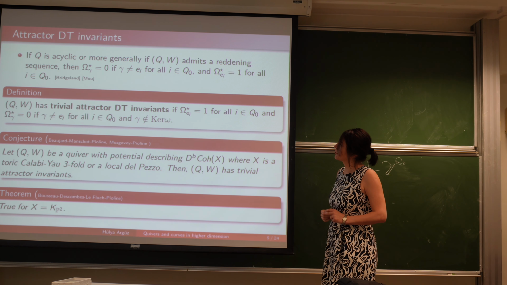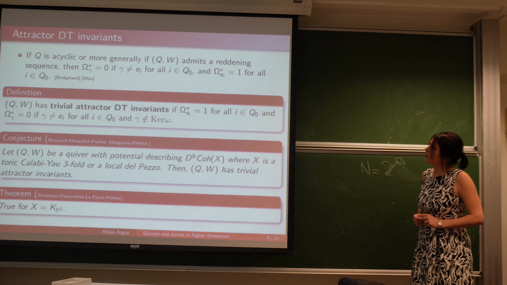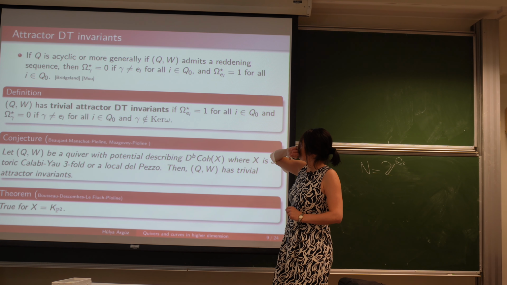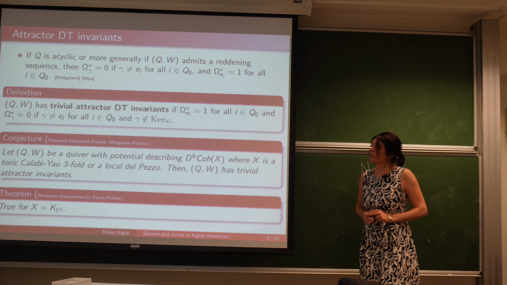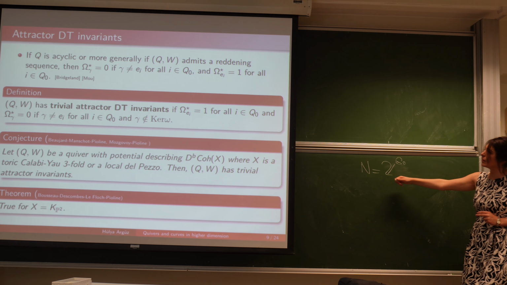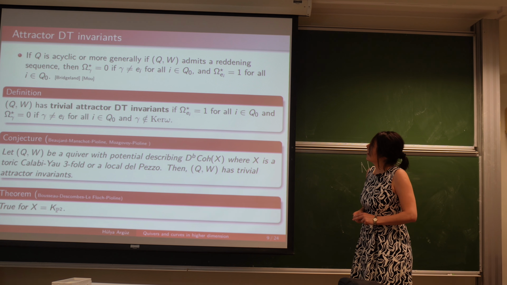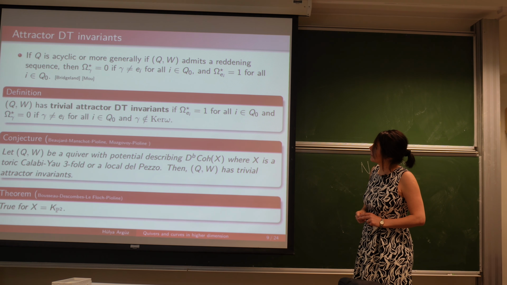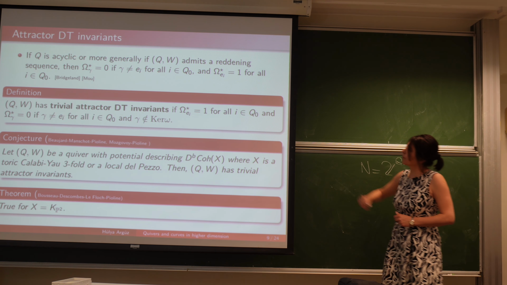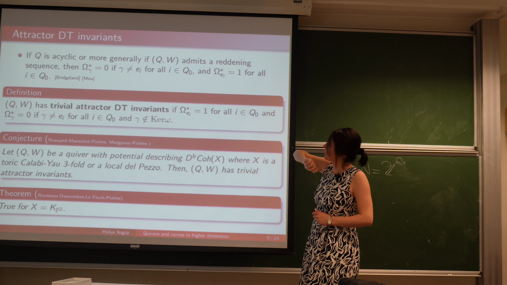It was shown by Bridgeland first for acyclic quivers, and more generally by Langmuir for quivers which admit a so-called reddening sequence, which is a particular mutation sequence, that all the attractor DT invariants should be 0 if your dimension vector is not one of the basis vectors e_i of N, and they should be 1 for all the e_i. Generally, we say these quivers have trivial attractor DT invariants.